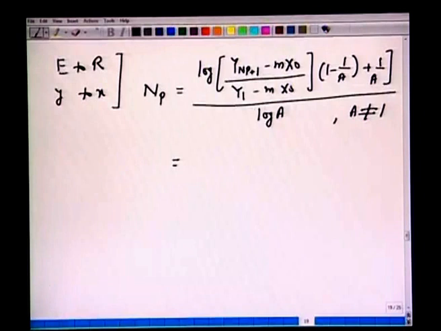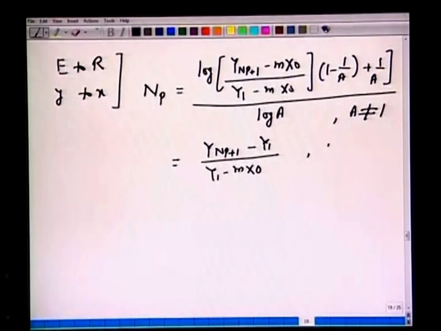And if A equals 1, we have simplified expressions: YNP plus 1 minus y1 over y1 minus M x0 if A equals to 1. So, one is like absorptions.